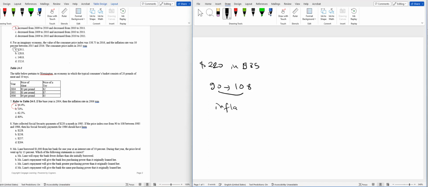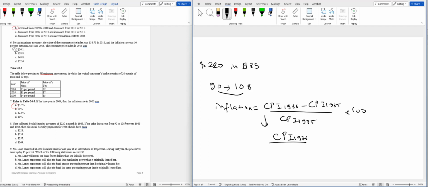So inflation is equal to CPI in 1986 minus CPI in 1985 divided by CPI in 1985 times 100. We can simplify this formula, okay? We can just write it like this: CPI 1986 divided by CPI 1985 minus 1 times 100. These are the same formulas. You can use both.